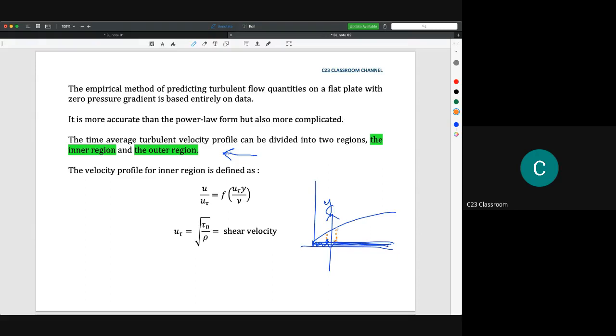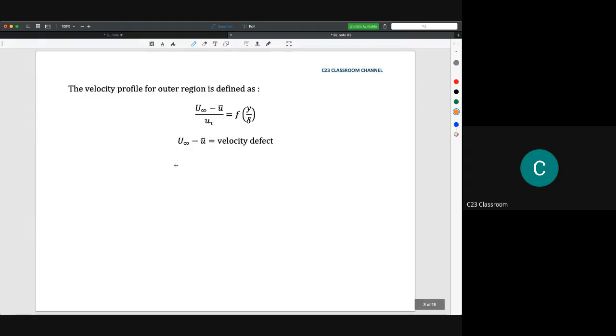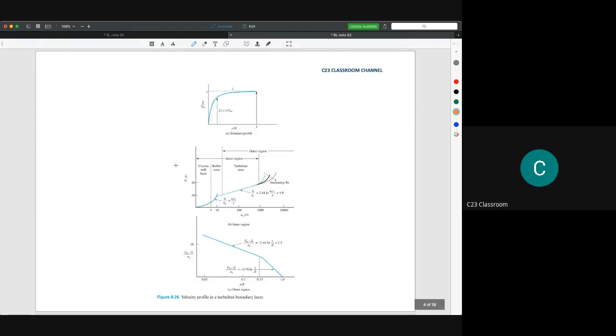So when we plot all the graphs, it is found that you will have two regions, which are the inner region and the outer region. Okay, I think these notes I already uploaded on my website, so later on you will get them. So when researchers plot the graph, they will find that the trend becomes like this one.